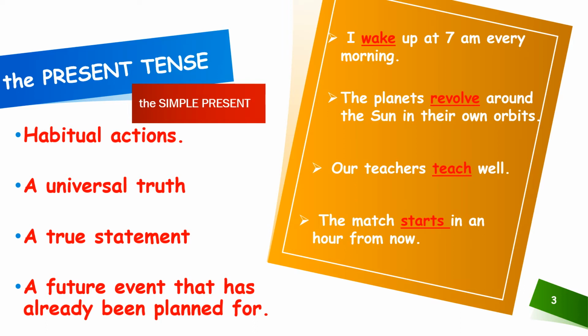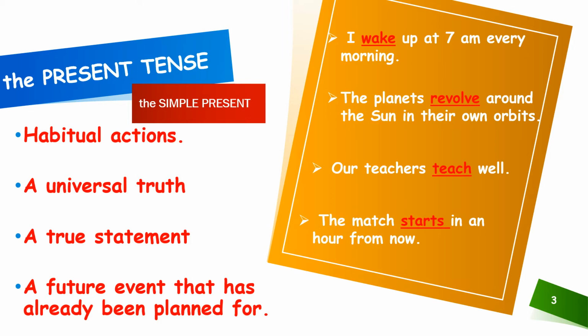Yes, so a true statement, which you know that it is a true statement. Sometimes we want to express a fact, certain facts. Our teachers teach well. Okay, so a future event that has already been planned for. For example, the match starts in an hour from now. We know that the match has been scheduled, so the match is supposed to start. So we say a future event.